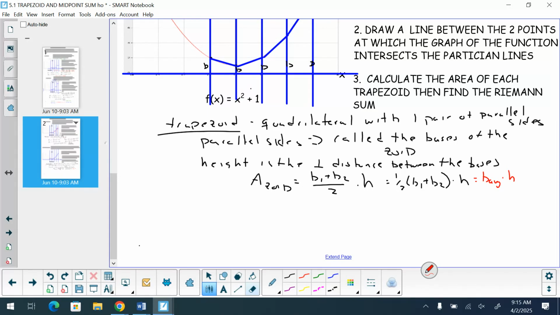Whether it was a rectangle or triangle, it didn't matter. But when we talk about the trapezoid, I said it's your average base. Well, how do you take the average of two sides that are your bases? You add those two together and divide by 2.